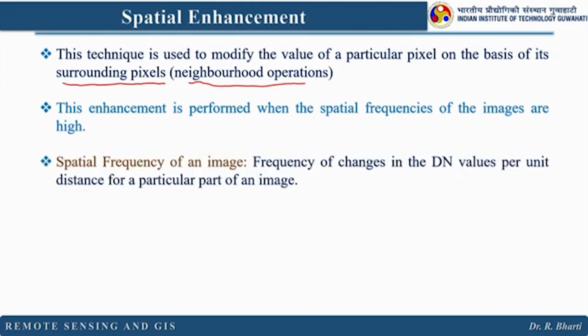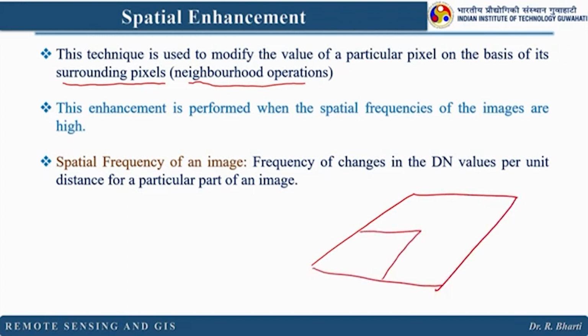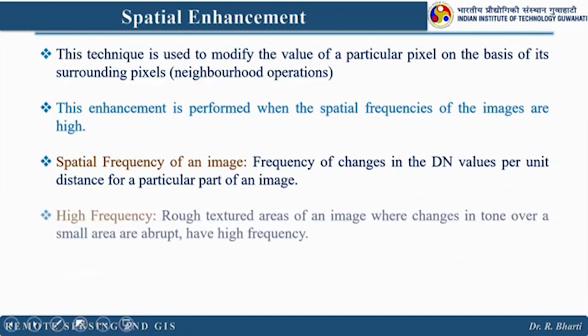Let us see what we mean by spatial frequency of an image. It is the frequency of change in the DN values per unit distance for a particular part of an image. If this is your image, we are talking only about a particular portion or area of that image, not the entire image. This is to remember.